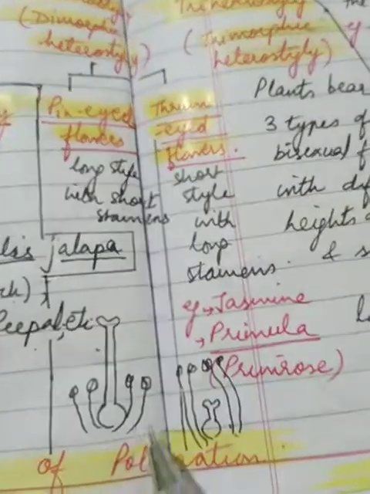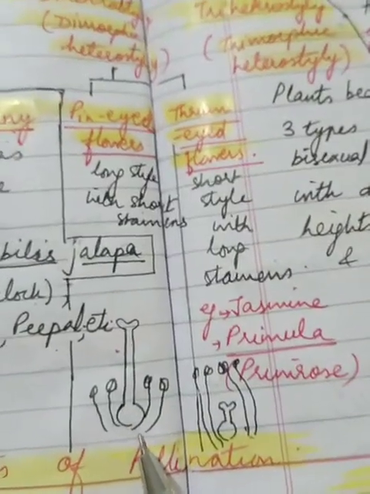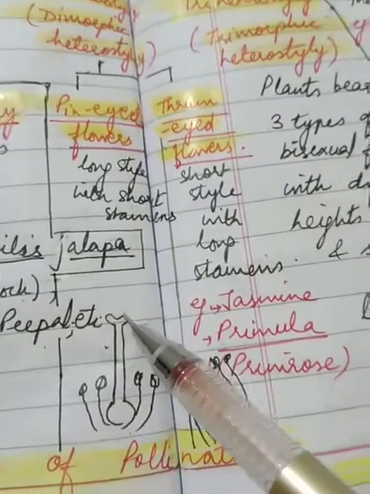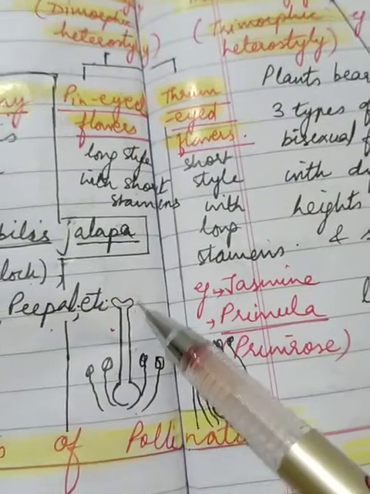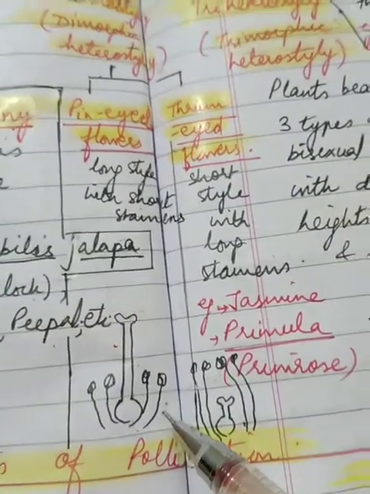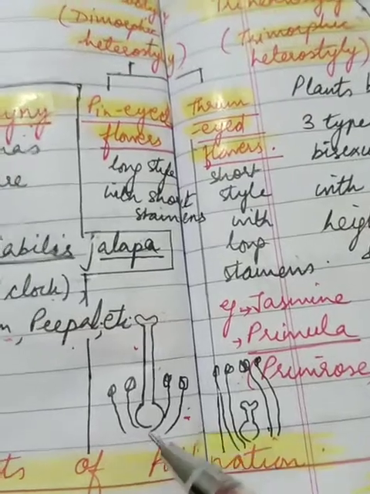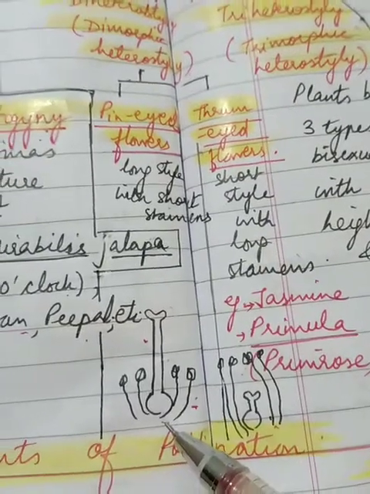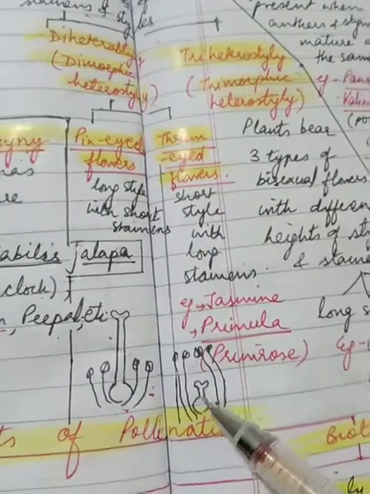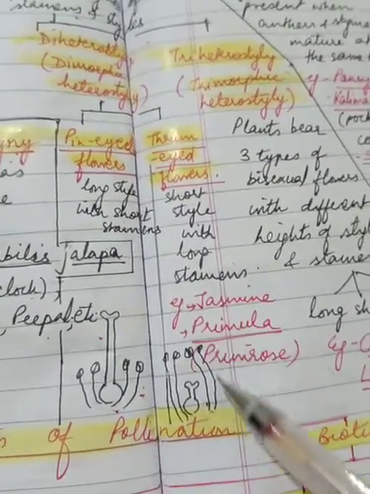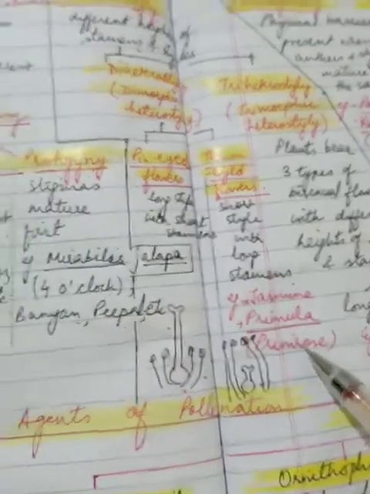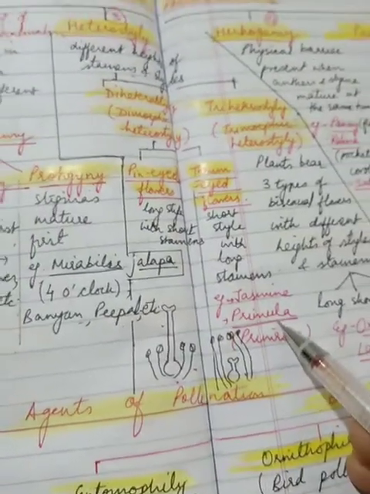Pin-eyed means, look at this, the same thing being described. The stigma stands much taller because the style is very tall compared to the filament of the anther. In other words, long style with short stamens. Such a condition is called pin-eyed. Similarly, just the opposite, short style with long stamens, is called thrum-eyed. Examples: jasmine, primrose, scientifically called Primula, etc.